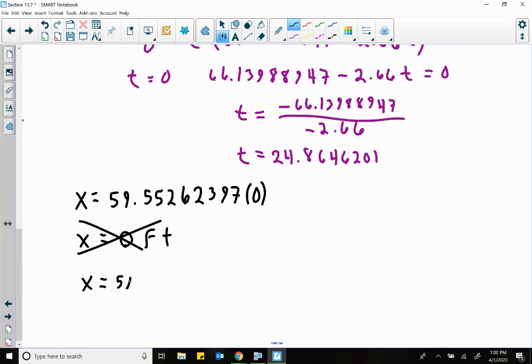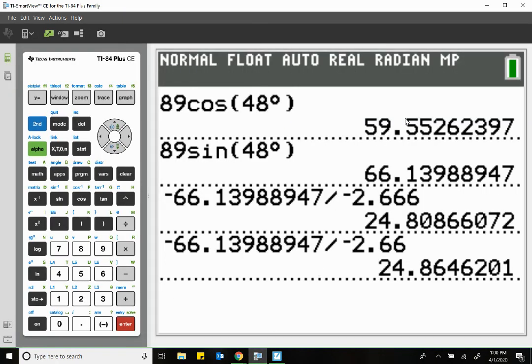We'll take 59.55262397 times 24.8646201. And the problem will want you to round to the nearest whole number. Okay? So if we come in here, we want to use this number and multiply it by that number.